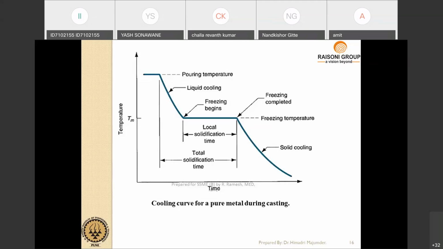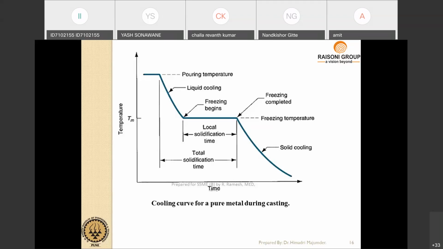So why are we showing here the casting cooling curve for a pure metal during casting? Because during casting, first we need to have our solid material, and then that solid material we need to melt, which means we make it completely liquid.